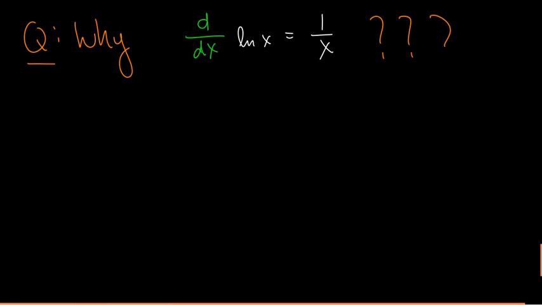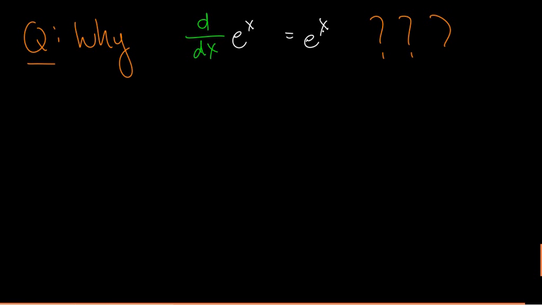Last time, or in the last video, when we had the exponential function as the outer function, we actually derived the formula for the derivative of e to the x. So this time we want to find out why the derivative of e to the x should be itself.